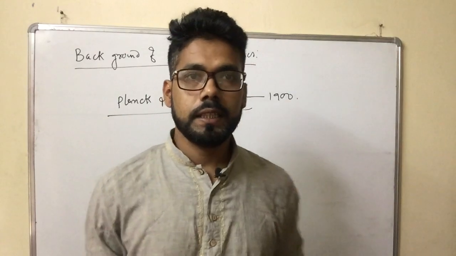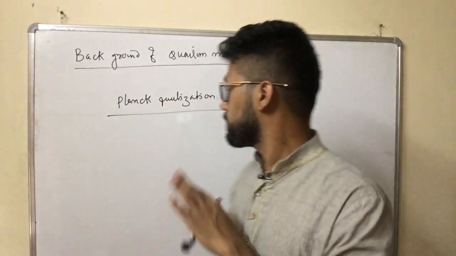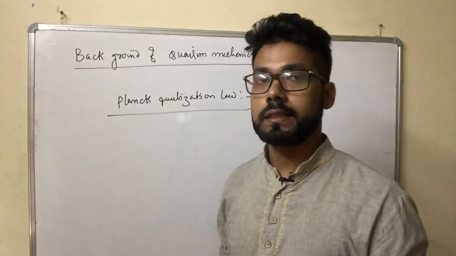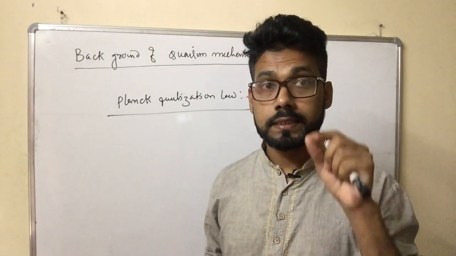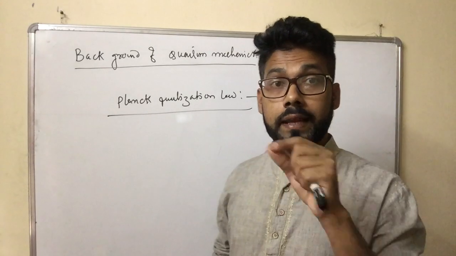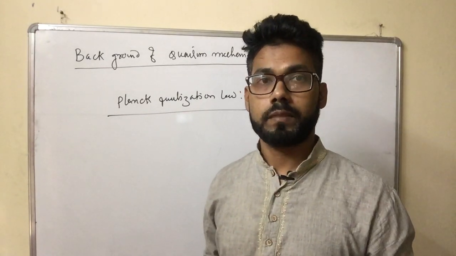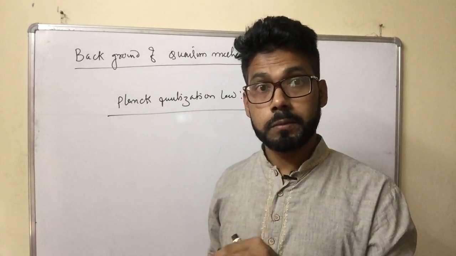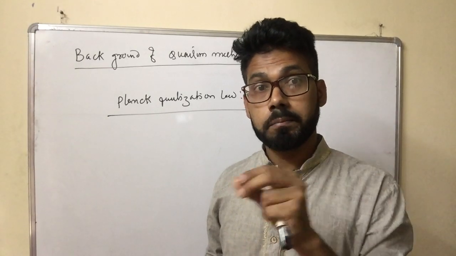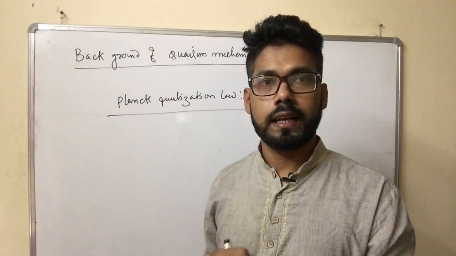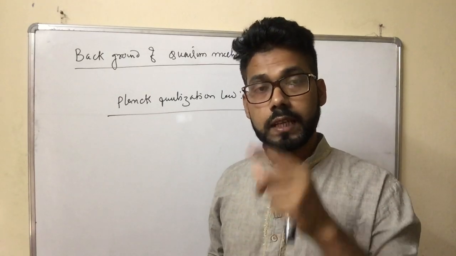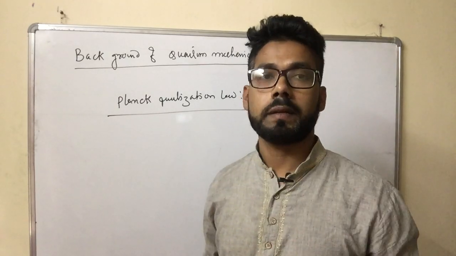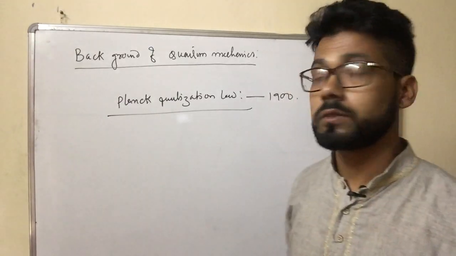Taking the concept of quantization of energy, Planck successfully explained the blackbody radiation theory, and this result obtained by Planck accurately matched the experimental data, and it overcame the difficulty in explaining the blackbody radiation spectrum.